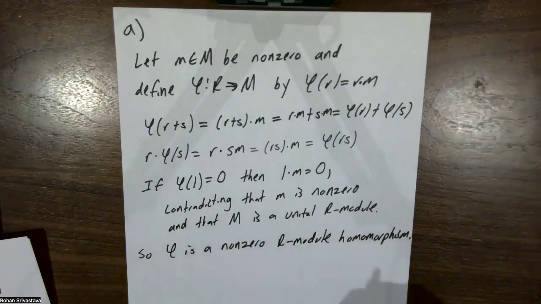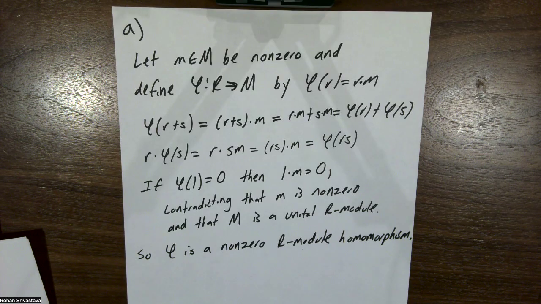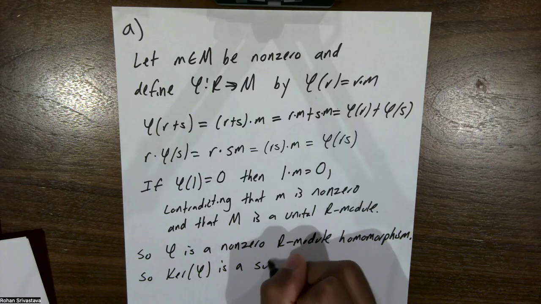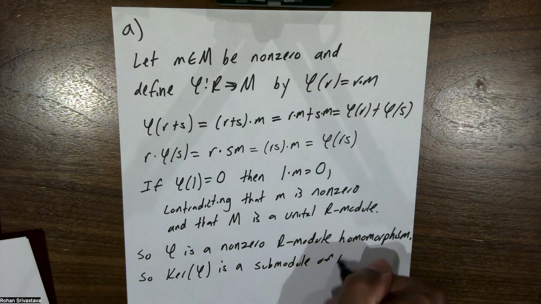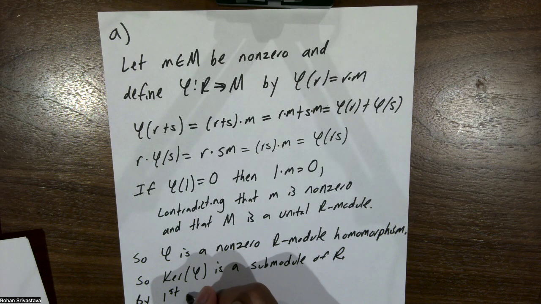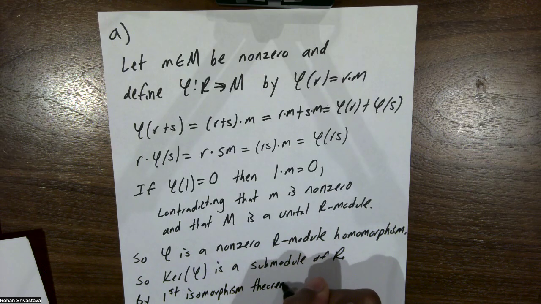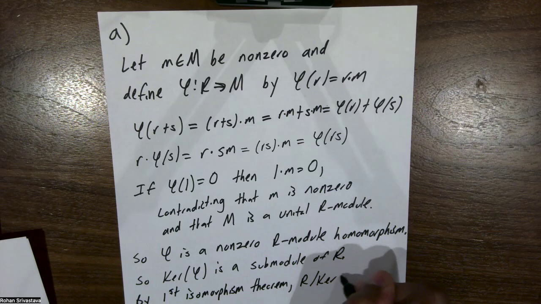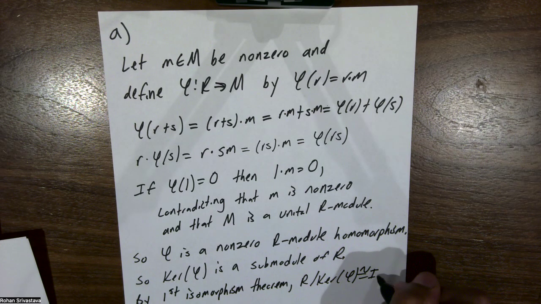And so from R as a left R-module over itself to M, which is another left R-module, the kernel of phi is a submodule of R. And now by the first isomorphism theorem for modules, R mod the kernel of phi is isomorphic to the image of phi.